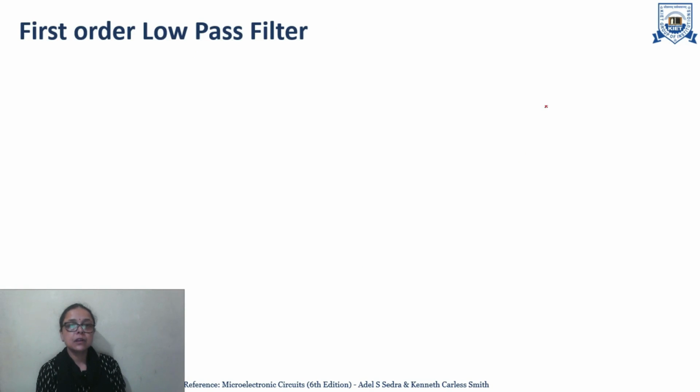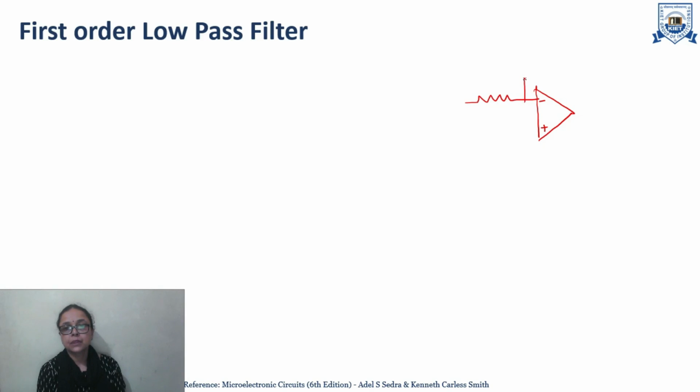Now first of all, coming to the low pass filter, the first order low pass filter, how we will implement it using an operational amplifier. It will consist of an op-amp. This is the operational amplifier, and at the inverting terminal we will have the feedback circuit with R1 and R2.